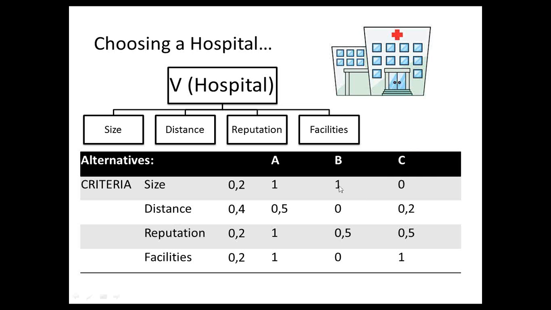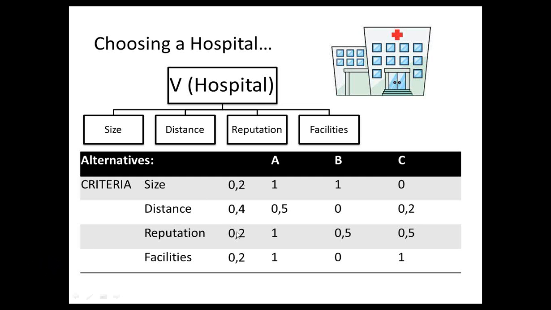Previously, we had the actual raw performance scores in terms of the number of beds, the distance in kilometers, the reputation described by a qualitative score, and the facilities available described by either a yes or a no. In this slide, I've translated those scores into value scores. 1 for the maximum performance, I've used local scoring, and 0 for the least desirable outcome. And in some cases, there are some intermediate scores, for instance, with regard to reputation.